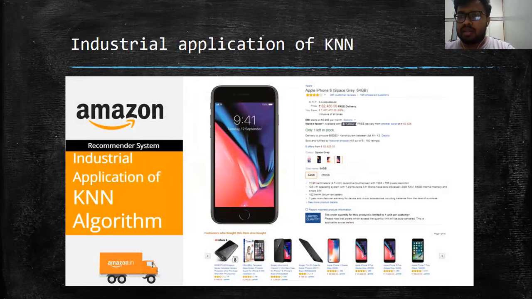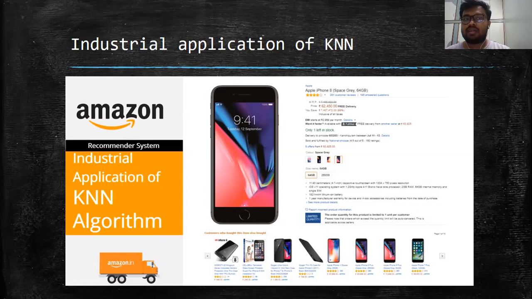When you open an e-commerce site, you get different kinds of recommendations. So they use KNN when you select a particular phone, and below there are recommendations that show users who have bought this, or other users who are looking for this have bought this.